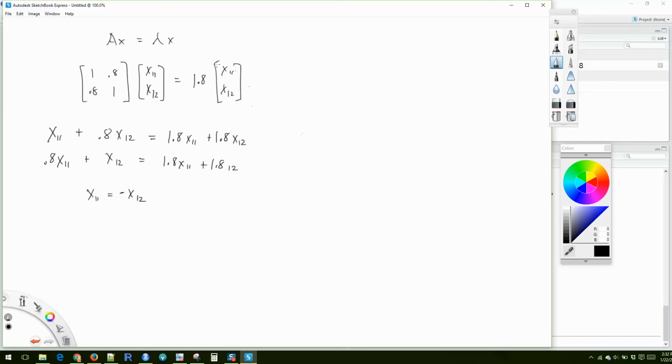If we do the same thing over here with the other eigenvalue, lambda equal to 0.2, and then when you solve for that one... sorry, it's not right.